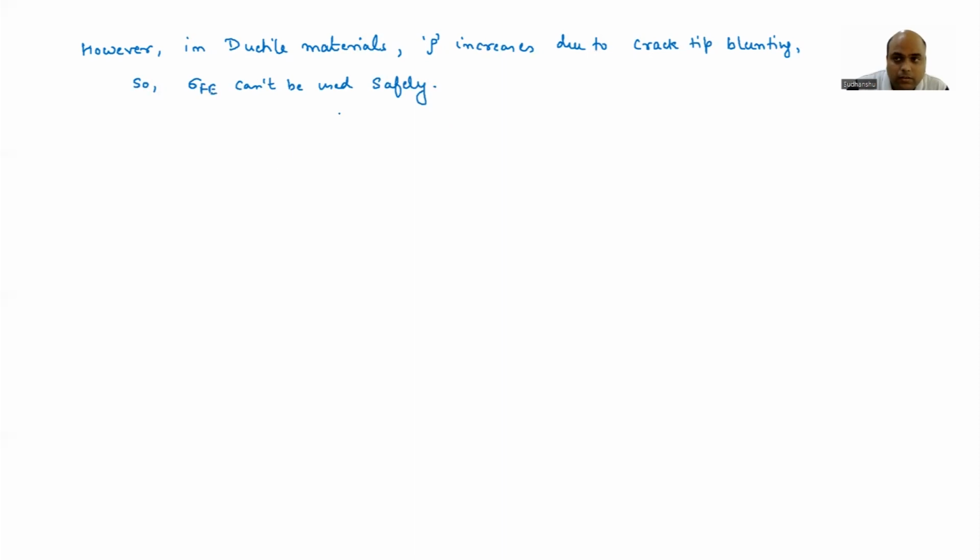Then there is a modified Griffith criteria. We'll discuss that also. So if there is crack tip blunting, and that too not very high, the modified Griffith criteria can be used.